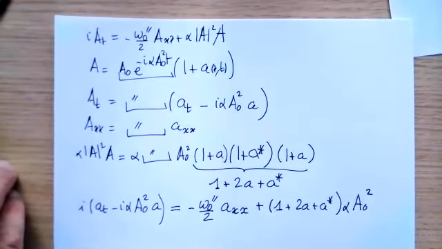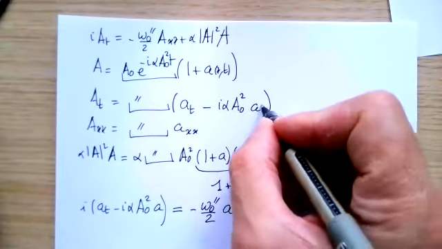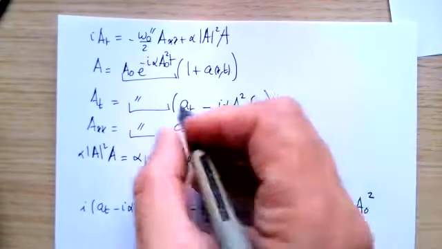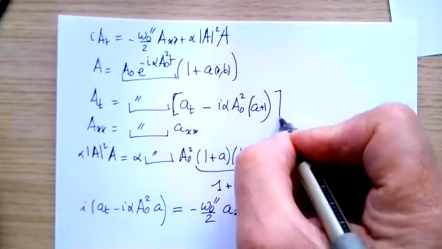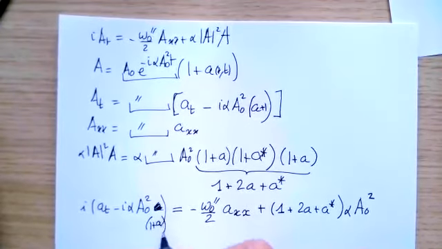Let me pause. Okay, I had a mistake here. I had forgotten 1 plus a, which is here. So here one has 1 plus a and not a.